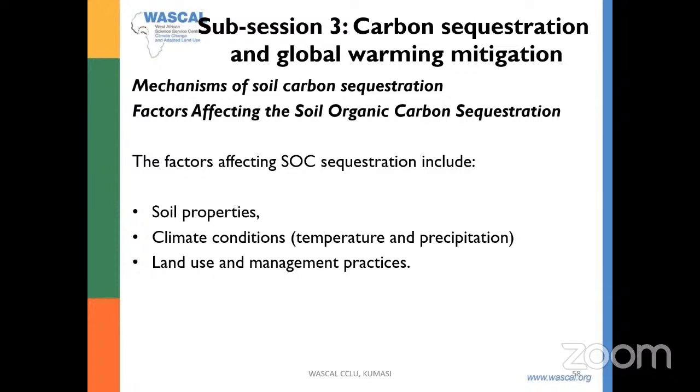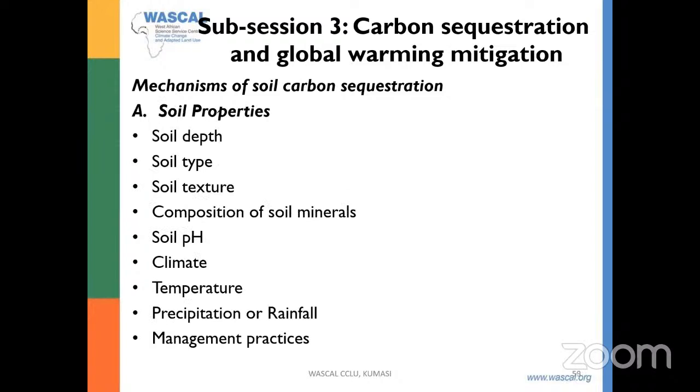And the third one is the land use and management practices. For the soil properties, we have soil depth, soil type, texture, composition, pH, soil climate, temperature, and rainfall. All these affect it; they are the major components up to soil pH. The remaining ones influence what we have now.